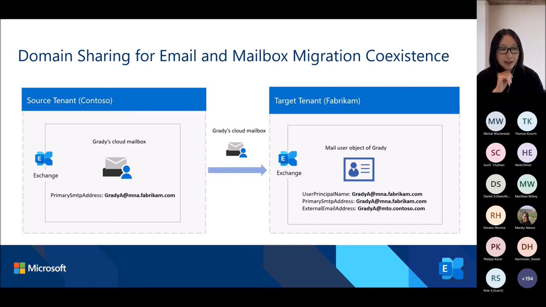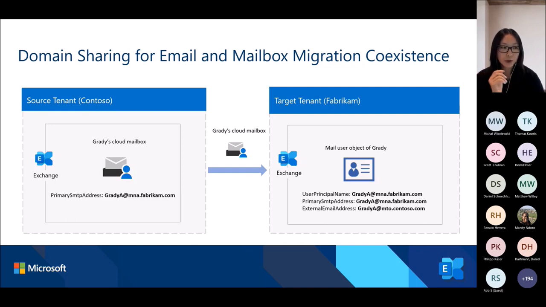There's one thing I'd like to mention if you want to use domain sharing with mailbox migration. If you want to use them for coexistence, at this stage, you have to manually create the routing objects yourself in Fabraham when you set up domain sharing. It doesn't matter if Contoso is cloud-only or hybrid. And when you're ready to migrate mailboxes, you need to make sure the target mail user fulfills the prerequisites for the migration.